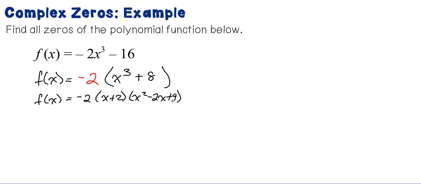So in this case, you could also do synthetic division for this one. You could say for the x cubed plus 8, I want to try -2. Okay, and so x cubed would be 1, 0, 0, 8.